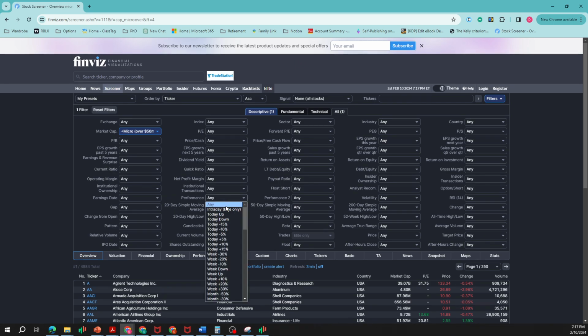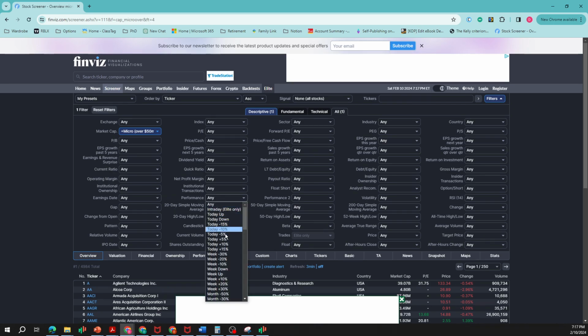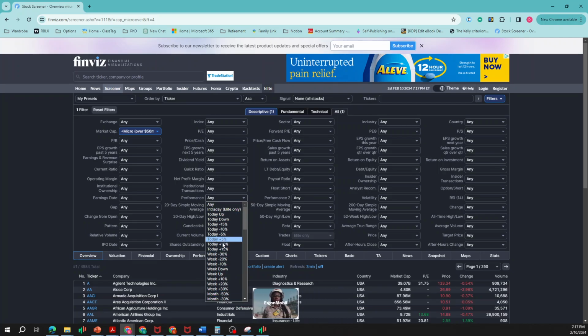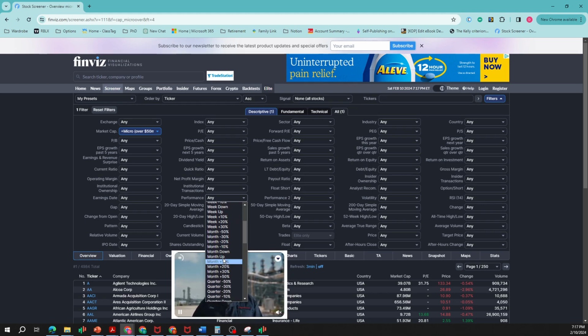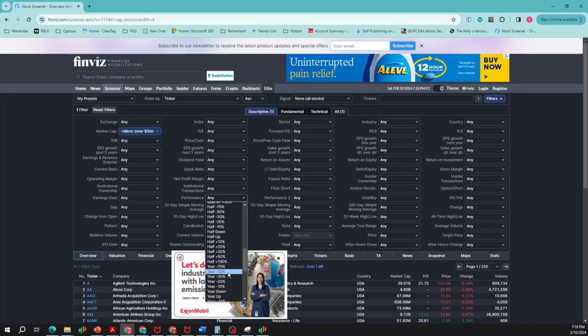There's a way to scan performance, and this may be similar to how Stockbee might do something where he's looking for things that are up a certain percentage within a week or a quarter. So you could have a scan where you're comparing things that are up, let's say 20% in a month versus things that are down 20% in a month.